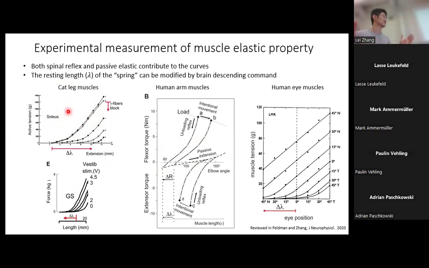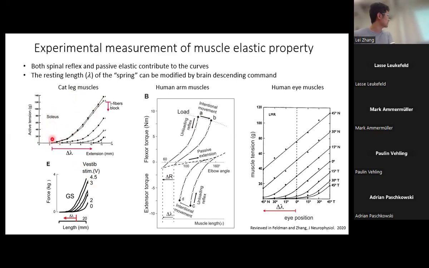The cat is not dead, but it cannot voluntarily move. Then the experimenter stimulates the brain to make artificial input to the system. If they give a stronger stimulus, we see the muscle will stay at a certain length.